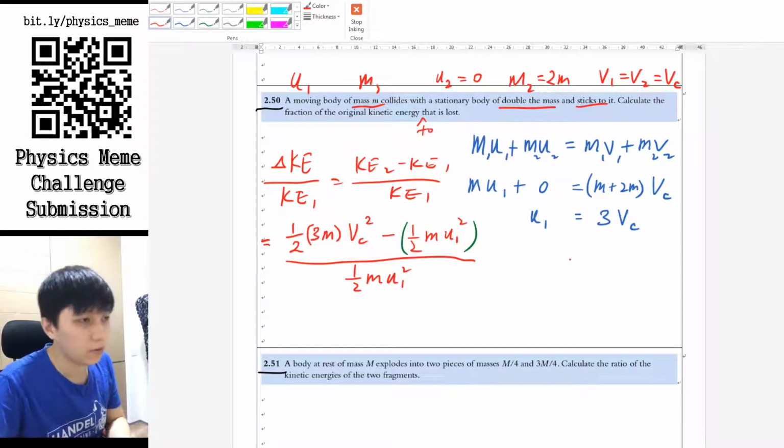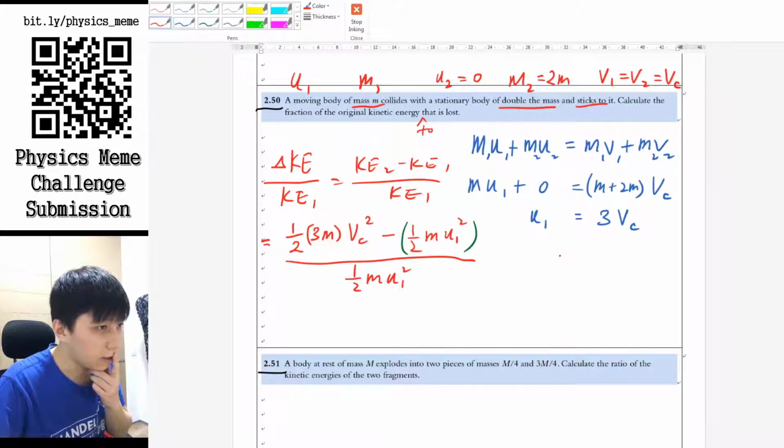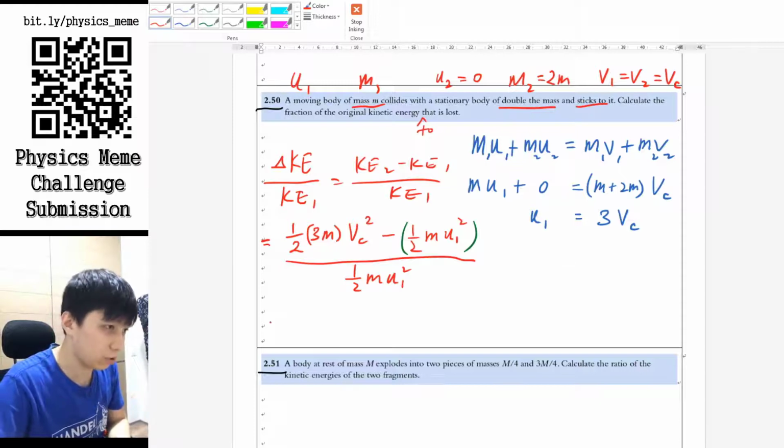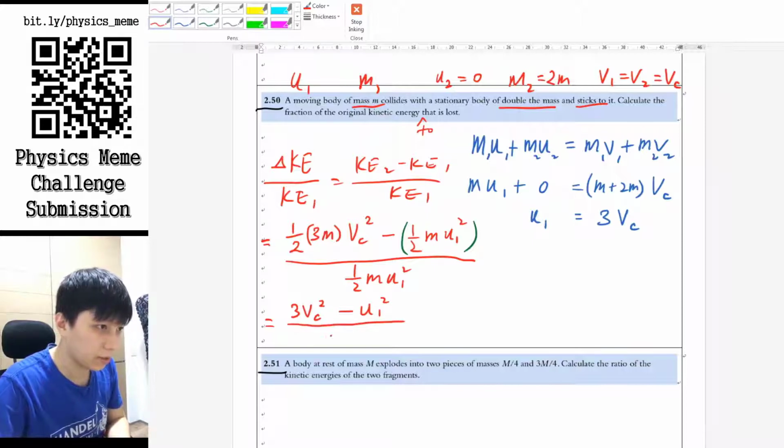U1 squared. Okay, and the good thing is you can firstly see all the half, 1 over 2, and the M will cancel out. So let's just simplify that part first. So you can have 3 Vc squared minus U1 squared, right? And then U1 squared here.